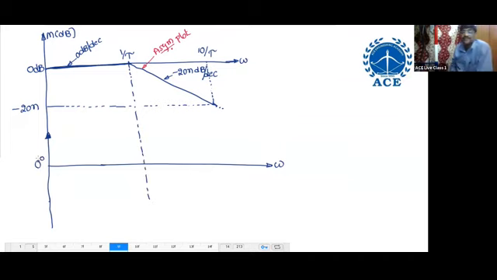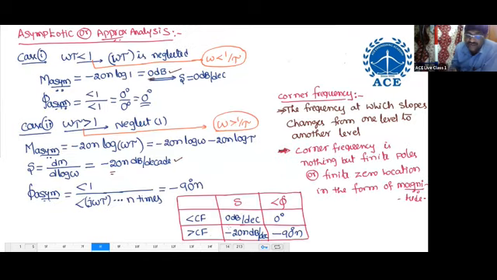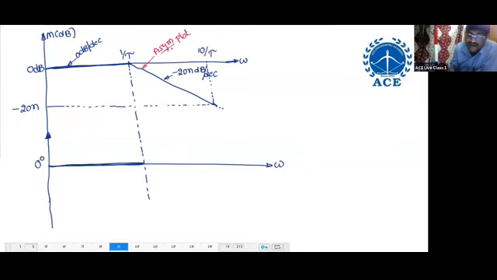Below the corner frequency, what is the phase angle? 0 degrees. Above the corner frequency, minus 90n. So here it is minus 90 degrees times n.